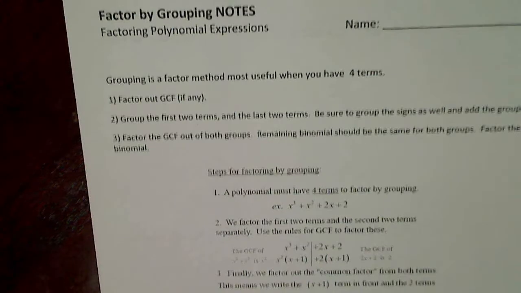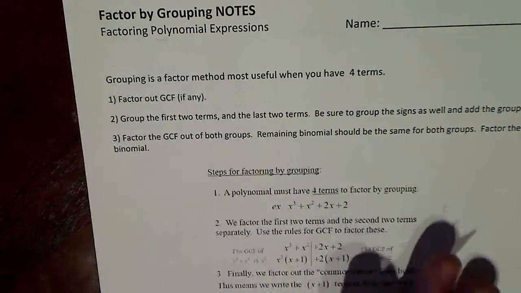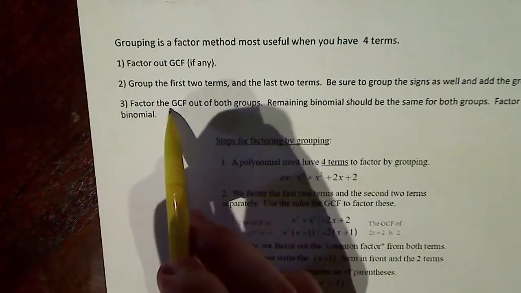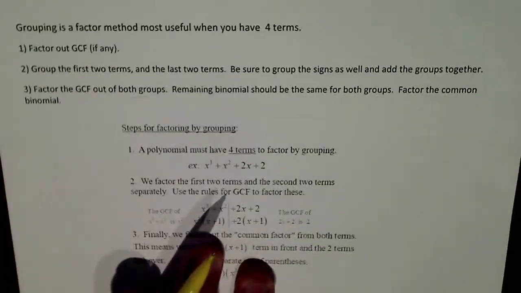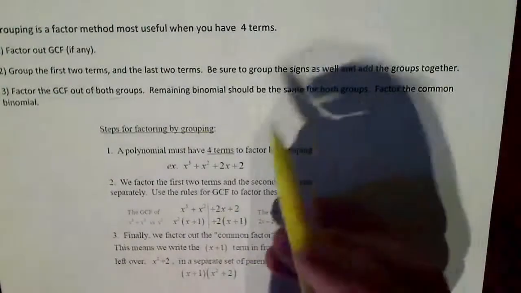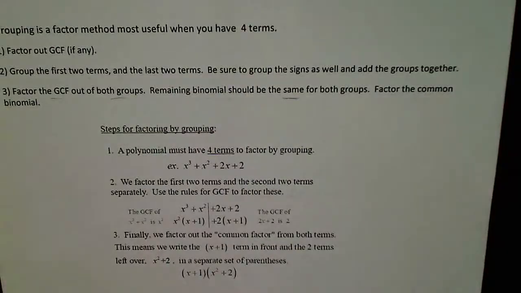But for the most part, I'm trying to make this just for you to get the idea across about what factor by grouping is. Then we're going to factor out a GCF from both sets of groups. And what should happen is you should have a binomial term that's the same for both. Okay, and you'll see that here in a second.